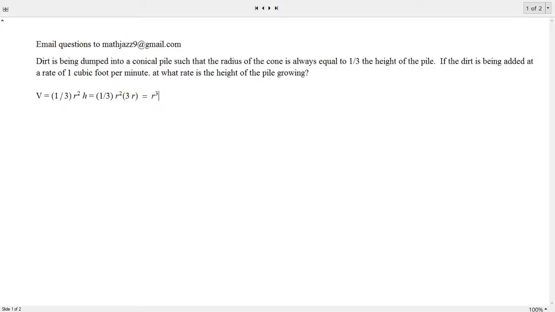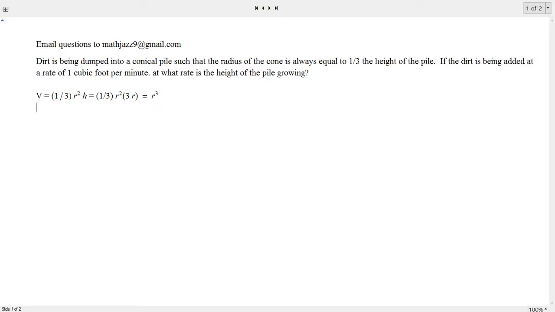Now we have a relationship between the radius and the volume. We could have killed off the h, but I didn't want to have a fractional power. We're going to have to deal with it eventually, but I'm procrastinating that.